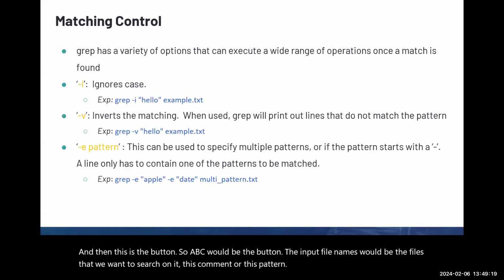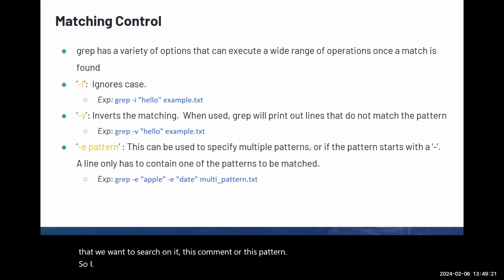The input file names will be the files that we want to search this pattern in. As we said, grep has a variety of options that can execute a wide range of operations once a match is found. One of these options is -i, which means ignore case. So if we type grep -i hello example.txt, we are ignoring the case.